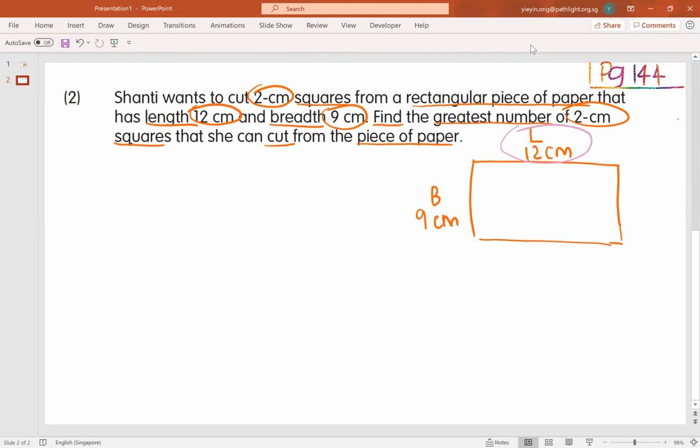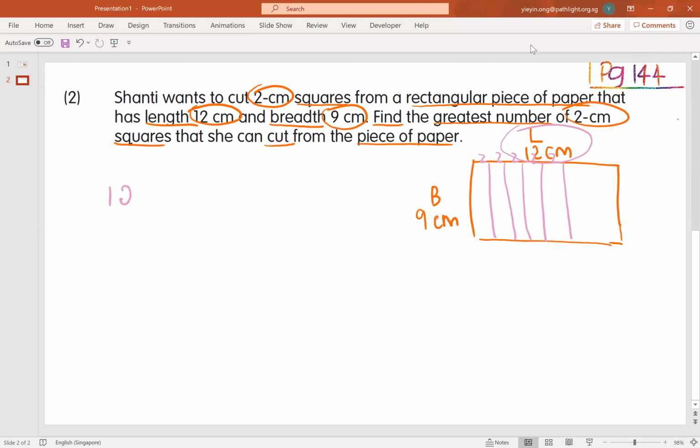Our length is 12 centimeters. If we want to cut 2 centimeter squares, how many columns of that can we get? You can get here 2, 2, 2, 2, 2. How many groups of 2?